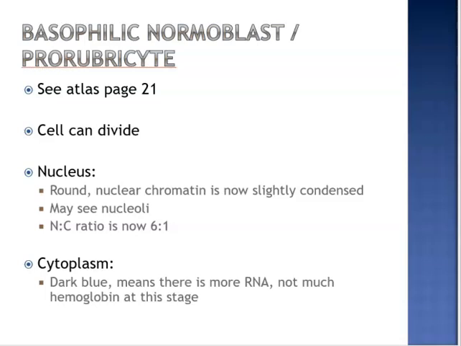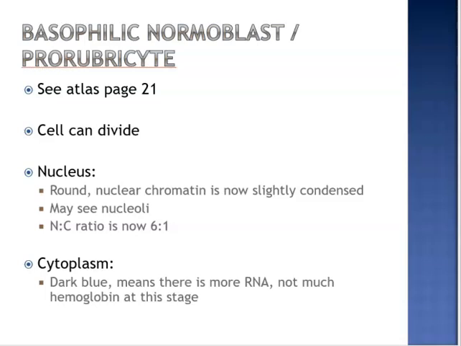You can look on page 21 in your atlas to see an image of what this step looks like for the red blood cell. In this step, your red blood cell can still divide. The nucleus is round. The nuclear chromatin is now slightly condensed, so it should look a little bit thicker where it was thinner in the first step.